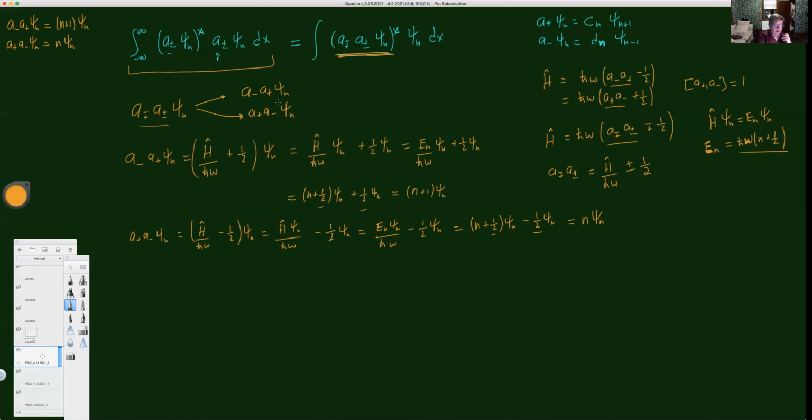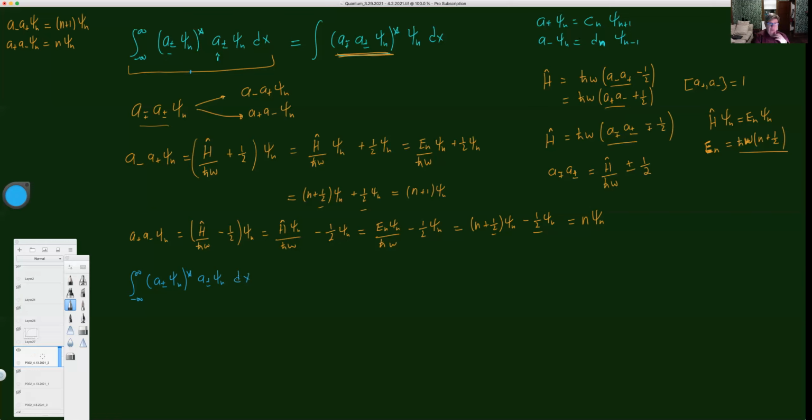So I'm going to come down here in blue again, and I'm going to write this exact thing again. The integral from minus infinity to infinity of a plus minus acting on psi n star times a plus minus psi n dx.